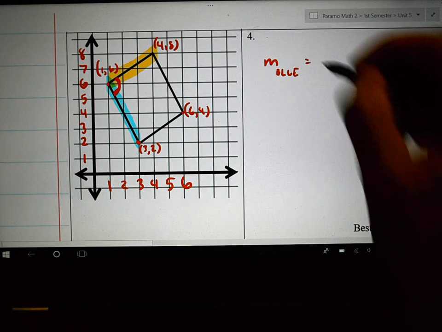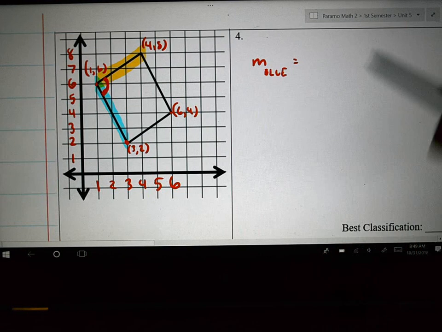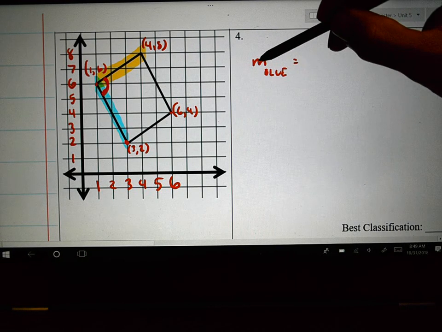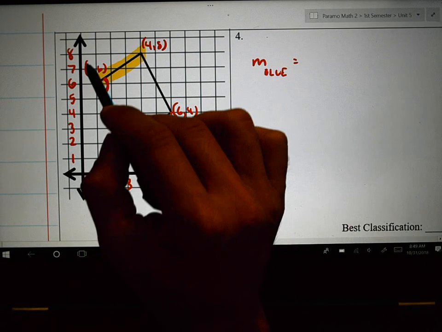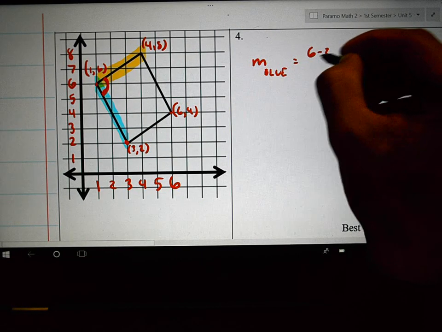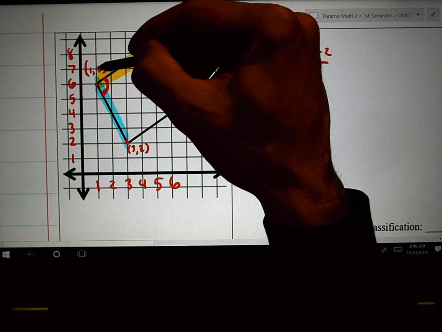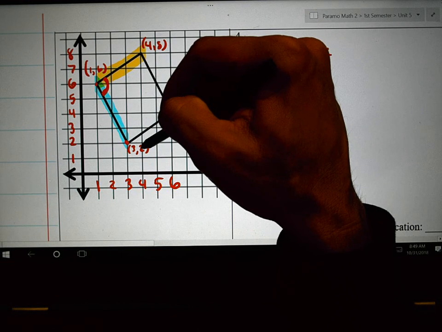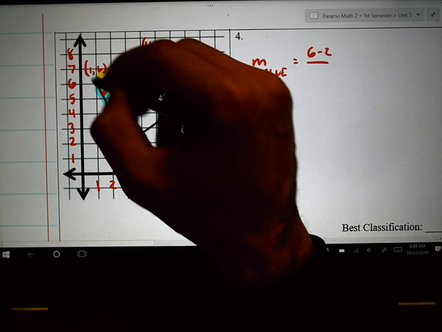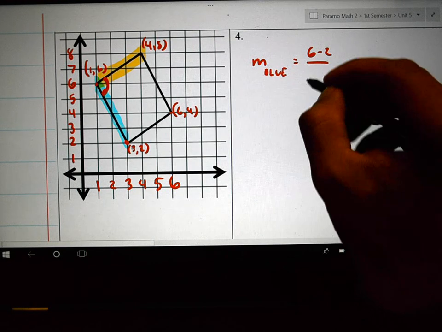This says M, B-L-U-E, blue. The slope of the blue one is going to be y2 minus y1, 6 minus 2. y2 is the y value, and this is your other y value. 6 minus 2 divided by x2 minus x1, 1 minus 3.